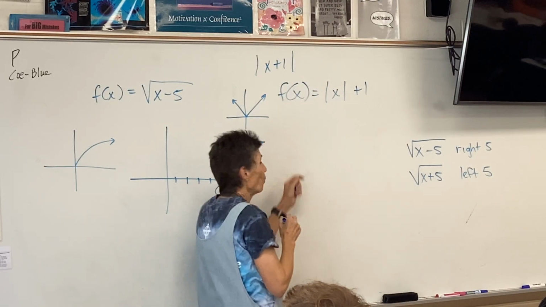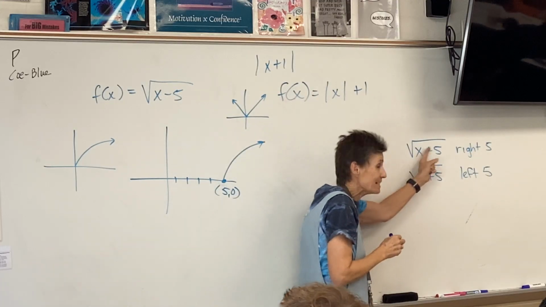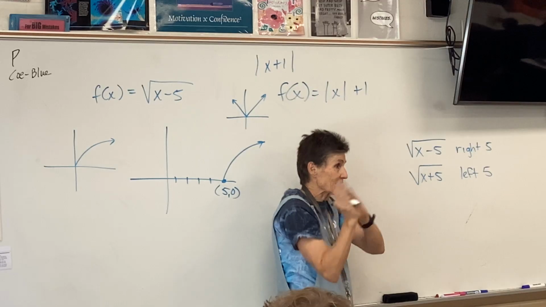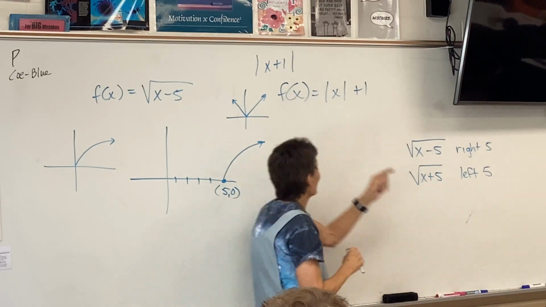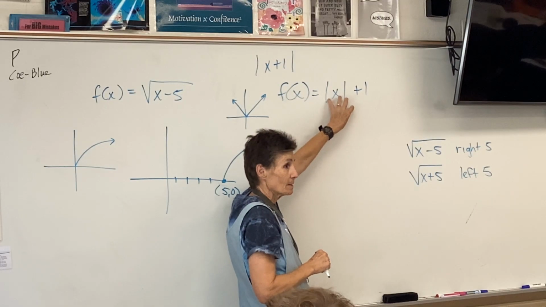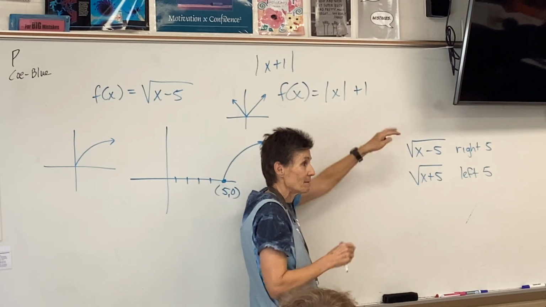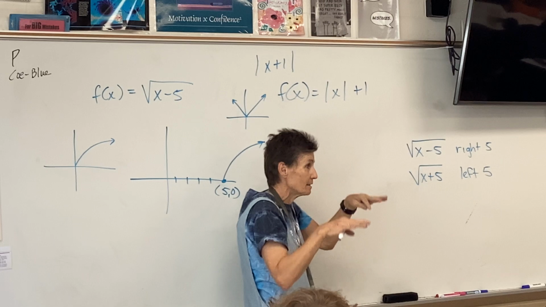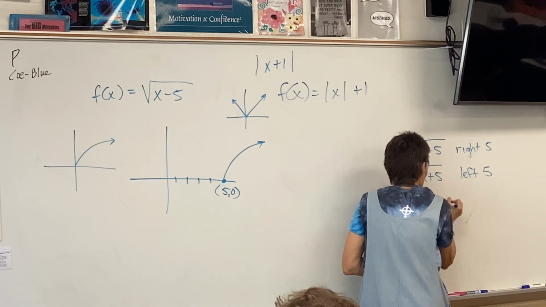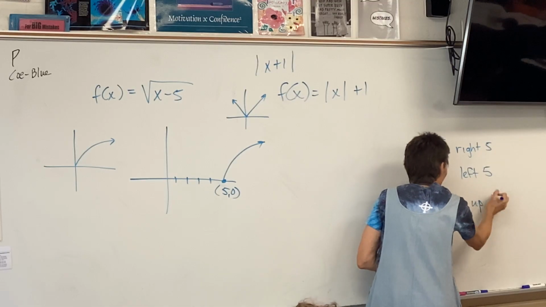When that is attached inside the problem directly to the x, that's left and right. When it's outside the problem, see how it's not in there? When it's outside the problem, it is up and down. So if we have the square root of x plus 1, that's up 1.